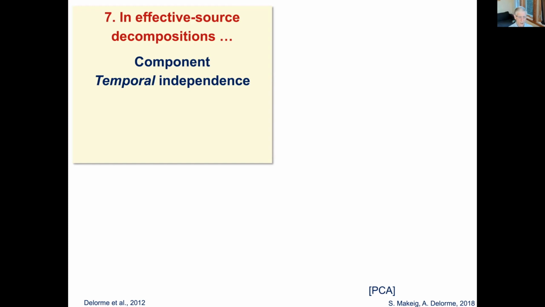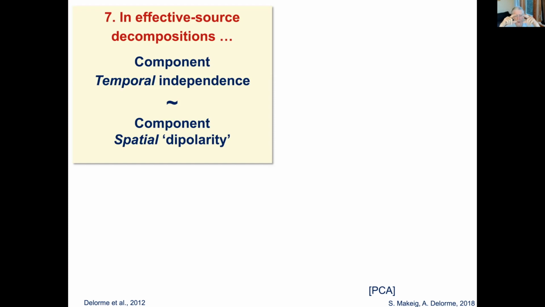The result is that the temporal independence of the component waveforms produced by such an algorithm is proportional to the degree with which that algorithm, in transforming from channels to component space, removes the mutual information that's in the channel signals.